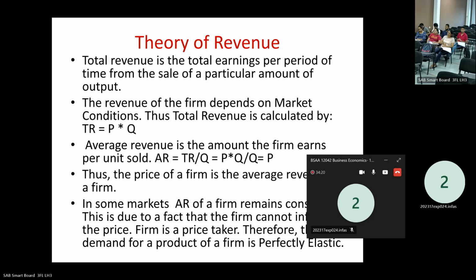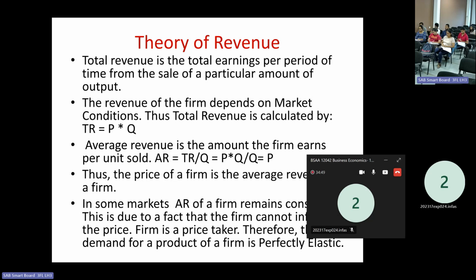The price is fixed and the quantity may vary, so the total revenue becomes linear.